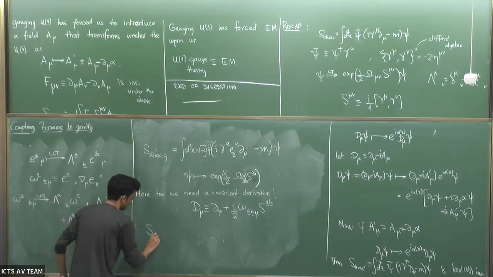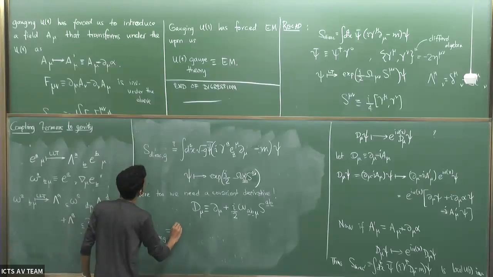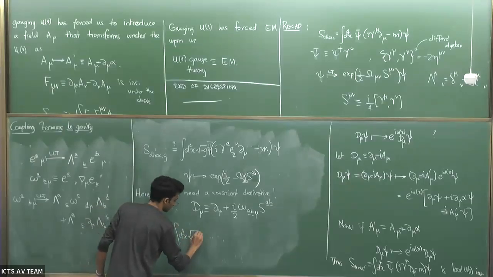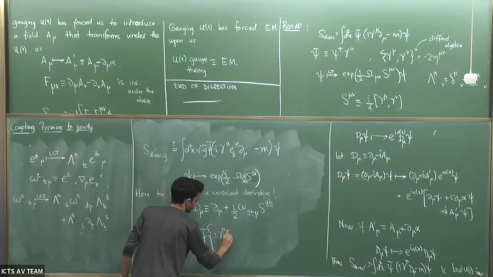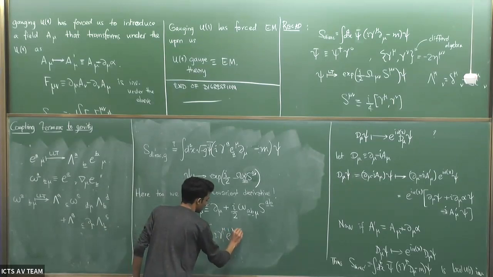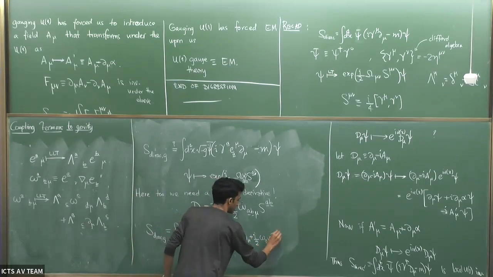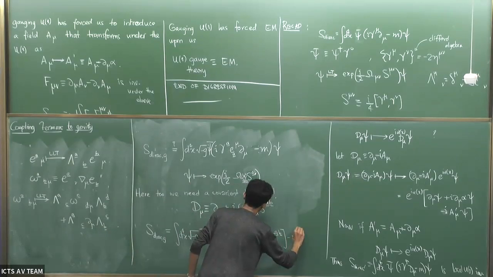So S Dirac coupled to gravity should really be, so this is a question mark, that's wrong. The answer should really be d4x root minus g psi bar i gamma a e a mu times del mu plus i over 2 omega a b mu S AB, minus m psi.